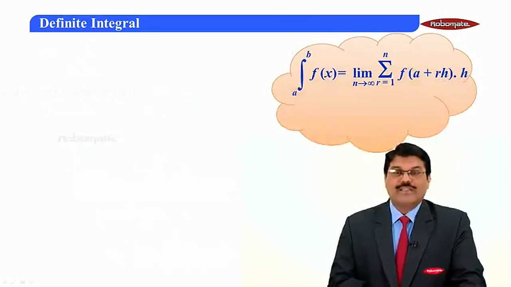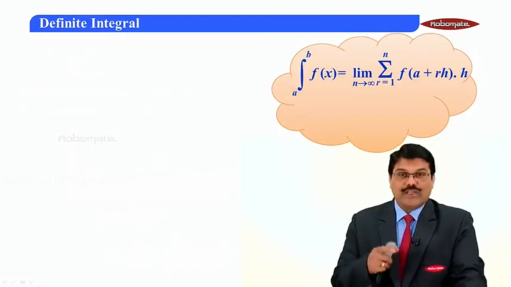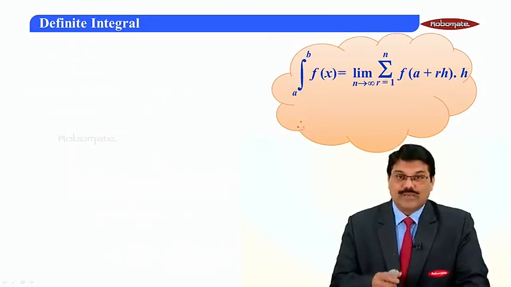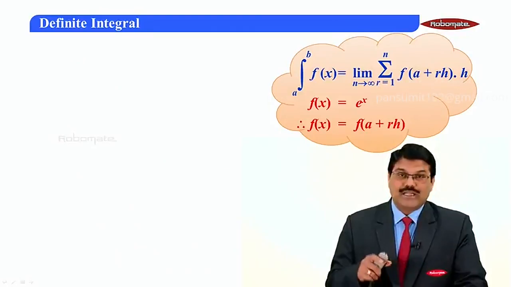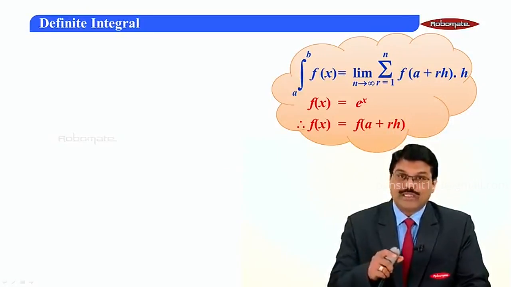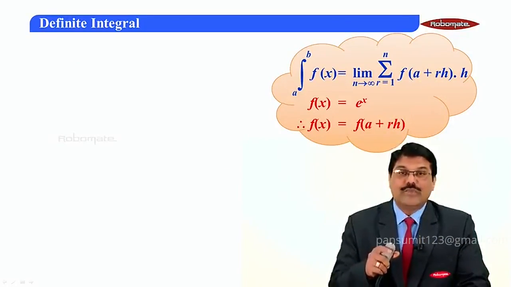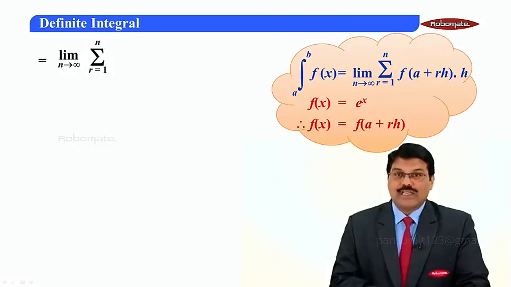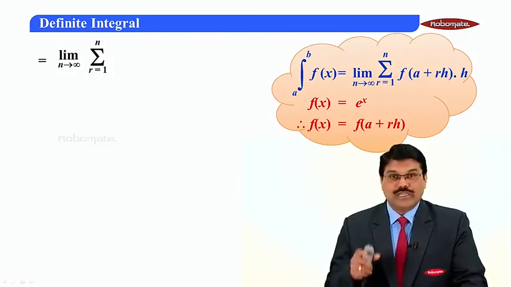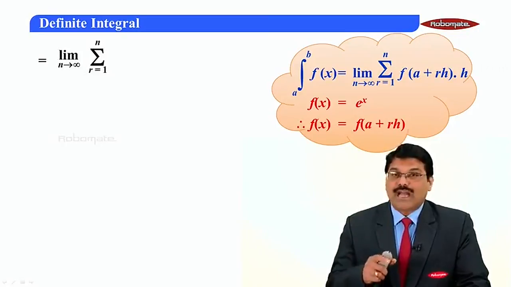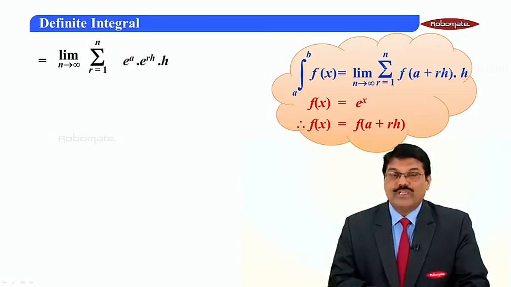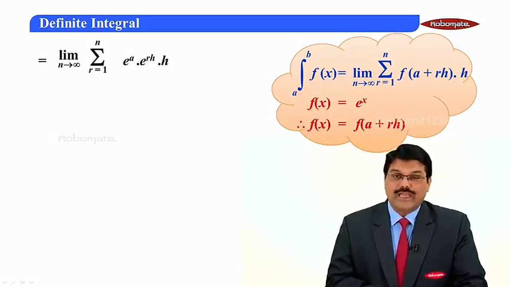Now let's see the next step. We are applying the definite integral as limit of a sum, and in this problem the function is e raised to x, which we have written as f of a plus rh, that is e raised to a plus rh. Further we can write it as limit as n tends to infinity, summation r goes from 1 to n, e raised to a into e raised to rh into h.